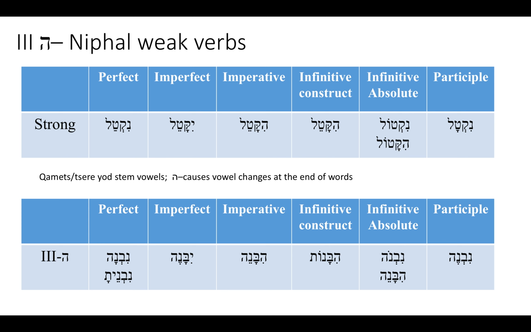You can still look at those and tell that this is a Niphal, and they still have the regular Niphal suffixes, so that helps you identify the person, gender, and number as well. So across the board here, not too many changes other than with the stem vowels, which change, and the loss of the he at the end of the verb causes changes there with the vowels as well.